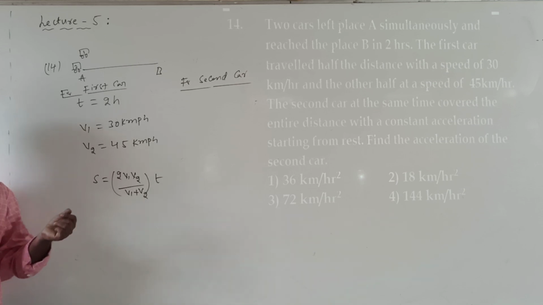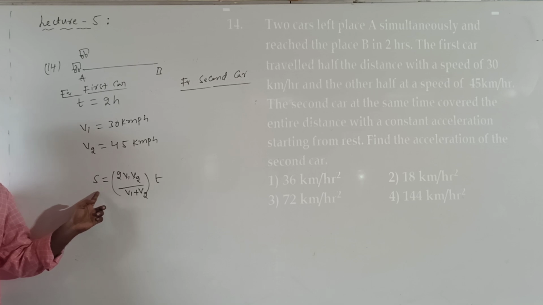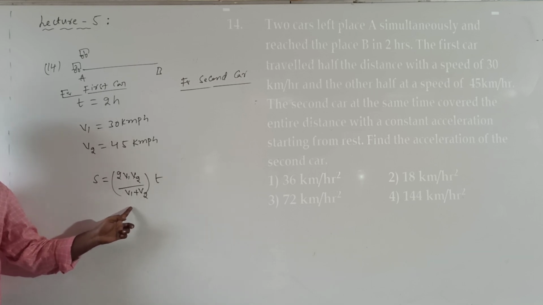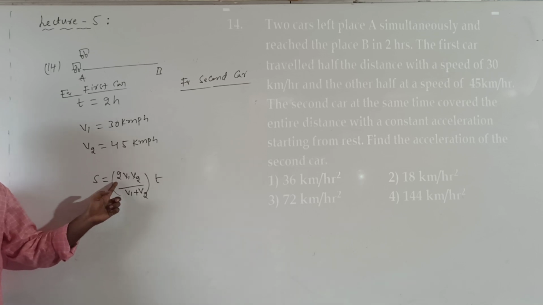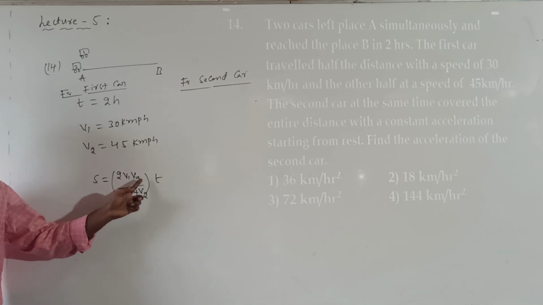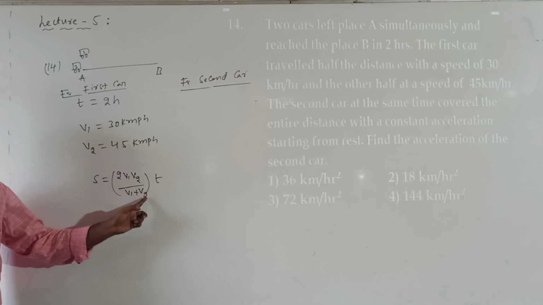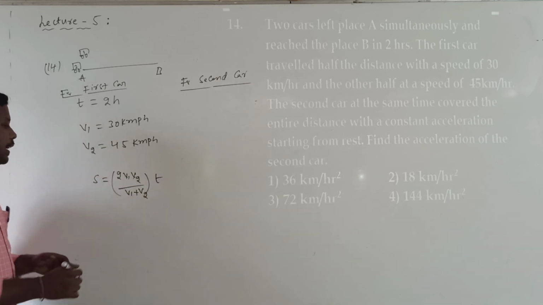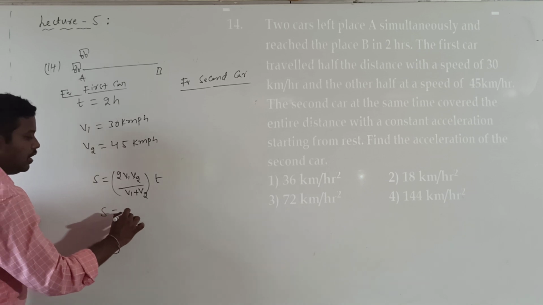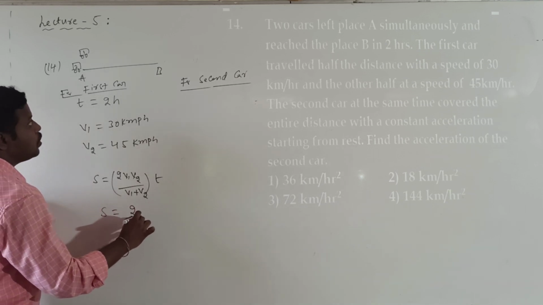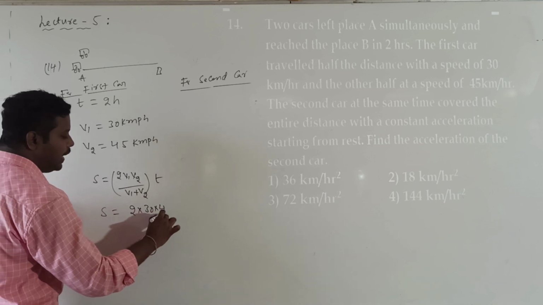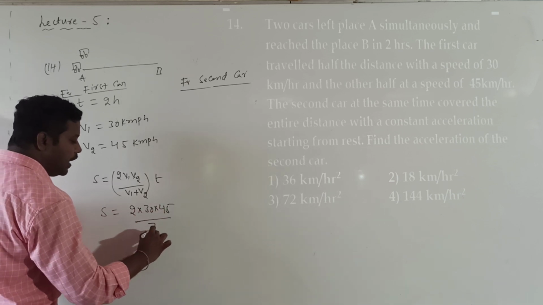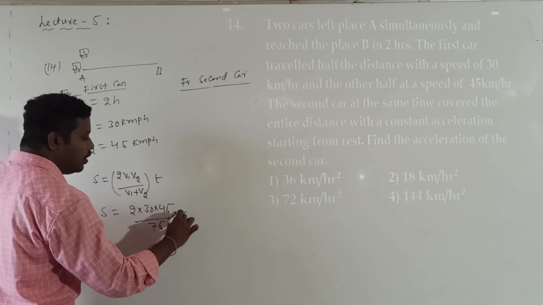Now what I want to calculate is the distance between A and B. Distance is equal to average velocity into time. The average speed is 2 into v1 into v2 by v1 plus v2, into t. Substituting the values, S is equal to 2 into 30 into 45 divided by 30 plus 45, that is 75, into t value of 2 hours.